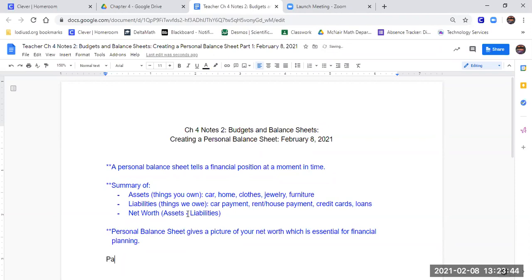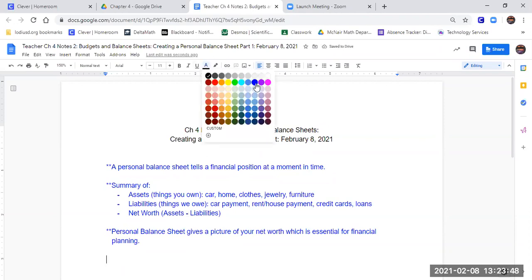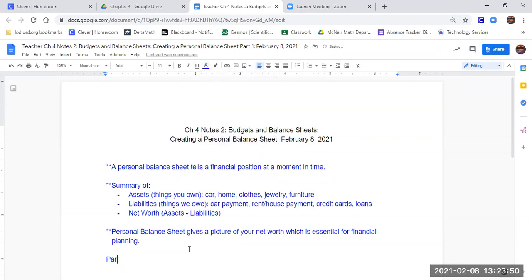Now, there are different parts to the personal balance sheet. We're going to review a few of them today, and then we're going to finish them up tomorrow in part 2's notes. So let's add up here that this is part 1.